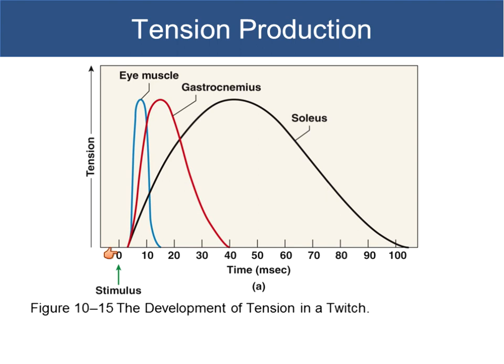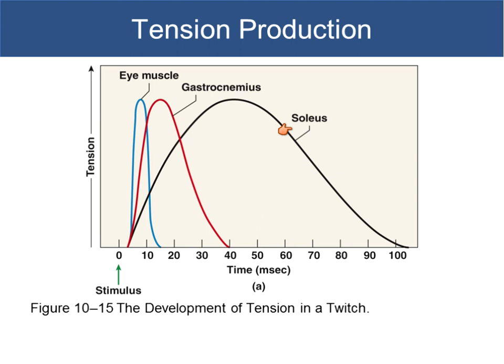Notice that the time of the stimulation goes from some being as short as maybe 15, some as long as about 40, and some up to 100, depending on the muscle.